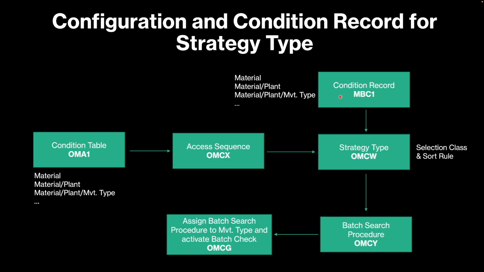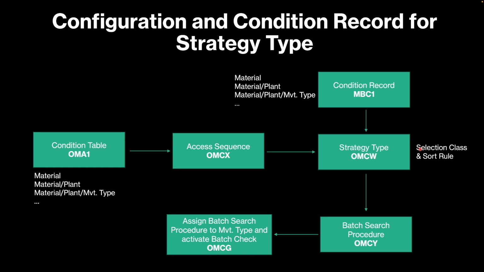Then you will maintain the condition record for the strategy type, and there you will tell the system that for this material, plant and movement type combination, you have to use the FIFO method. We'll see in SAP how this configuration is done, how we maintain the condition record, and then how the particular strategy is triggered during goods issue.